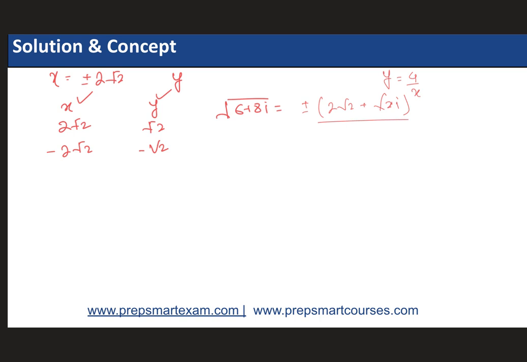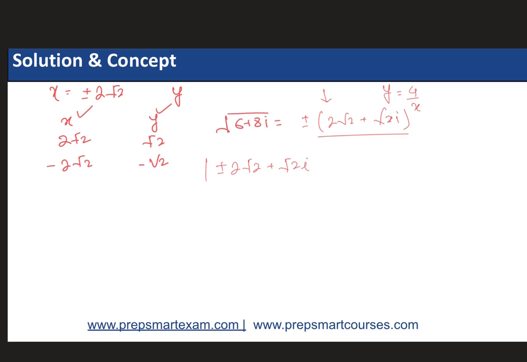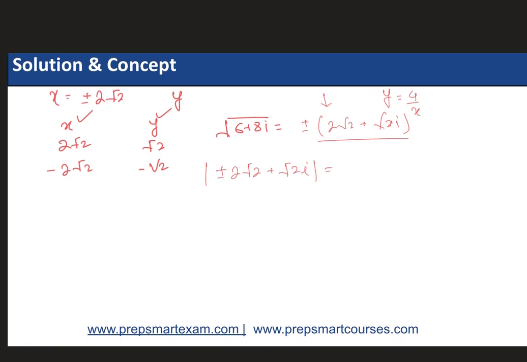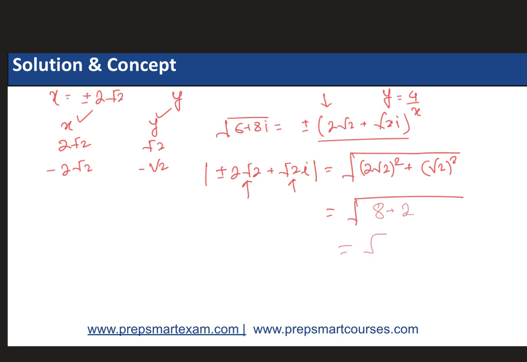Now whenever you need to calculate the modulus, we need to find the modulus of this, so I write 2√2 plus √2 i. Whenever we are supposed to calculate the modulus, you have to square each part and take the square root. So here we get the square of 2√2 plus the square of √2. The square of 2√2 gives 8 over here, and the square of √2 is 2, so you get √10.